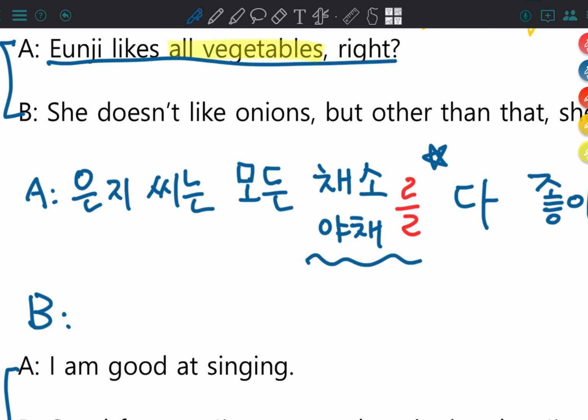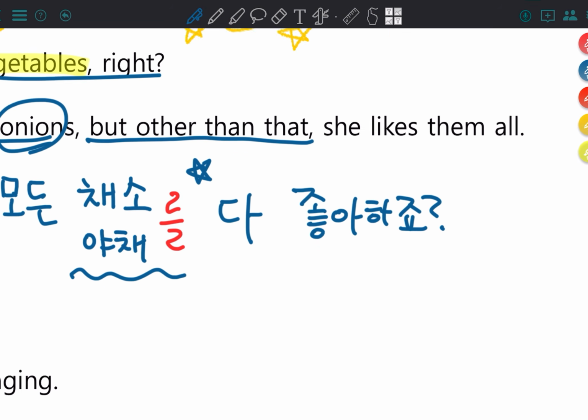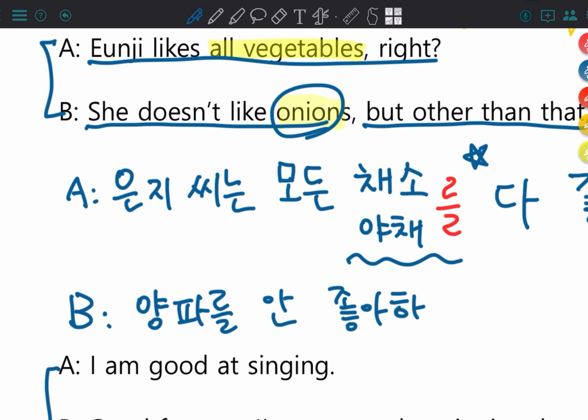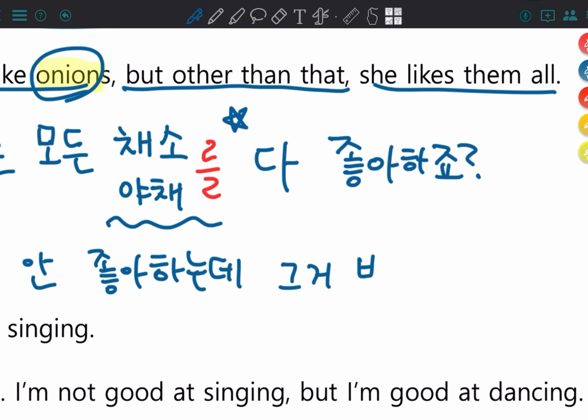And B can answer, she doesn't like onions, but other than that, she likes them all. So in this sentence, guys, she doesn't like onion. Onion is an object in this sentence, right? But instead of saying 은지 씨는 양파를 안 좋아하는데, instead of using 를, you can say 양파는 안 좋아하는데, 그거 빼고, other than that, 그거 빼고 다 좋아해요.